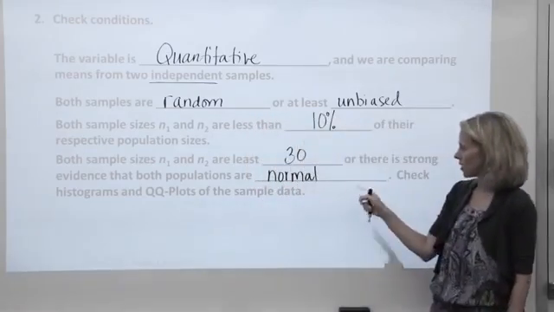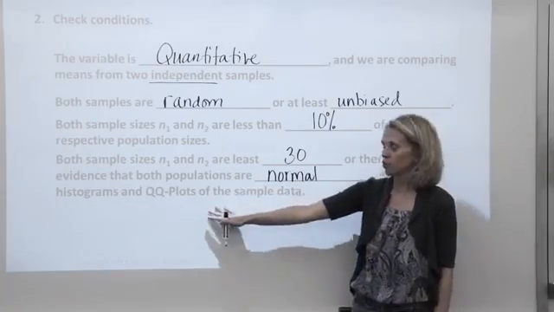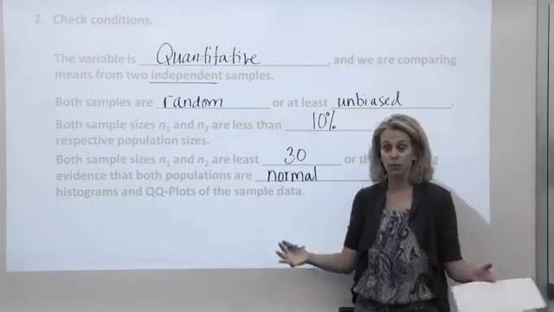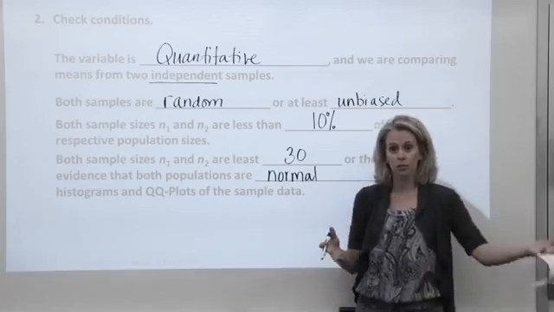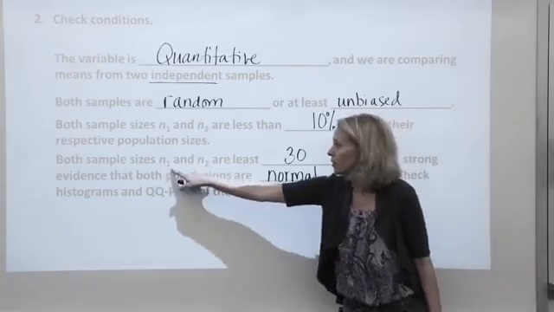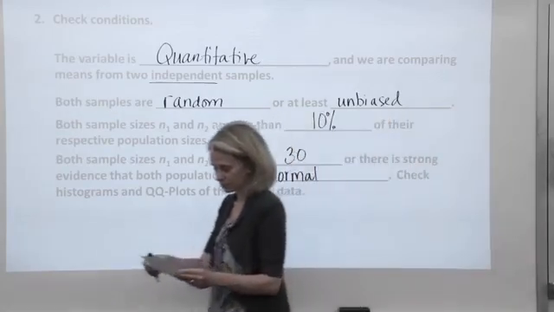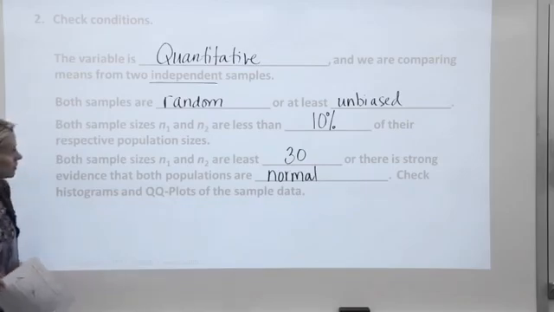And we saw how to do that in some previous videos. You want to make sure that you check histograms and QQ plots for your two samples. You'll have two histograms to check and two QQ plots to check, one for both of your samples if your sample sizes end up being small. So those are our conditions.